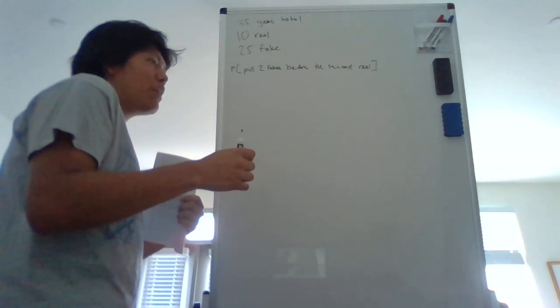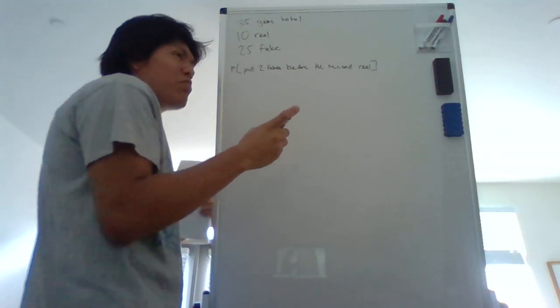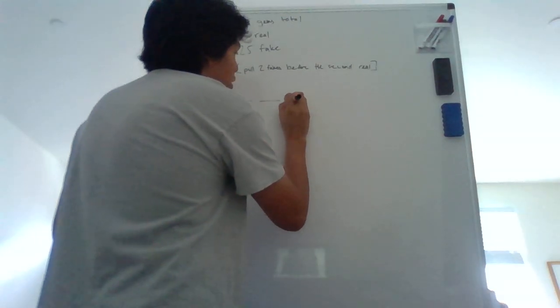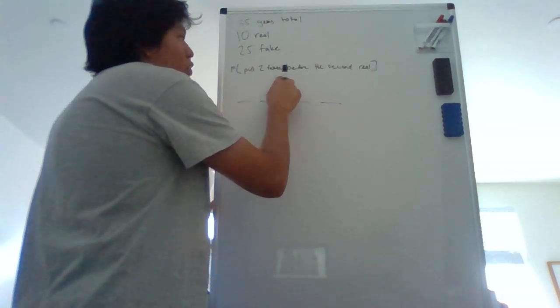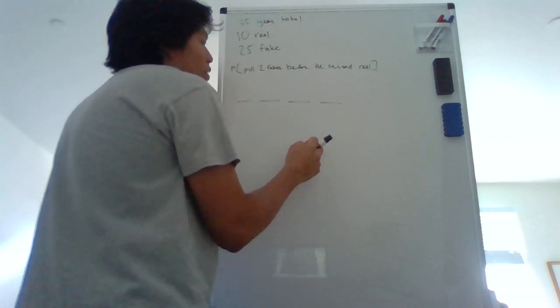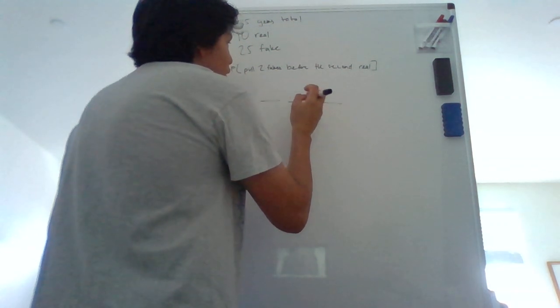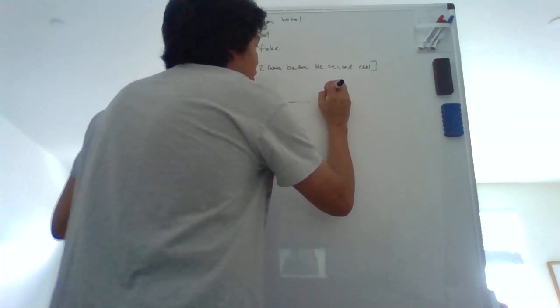Now, the order of pulling the gems matters a lot, because we pull 2 fakes before the second real. So the second real has to be at the end.